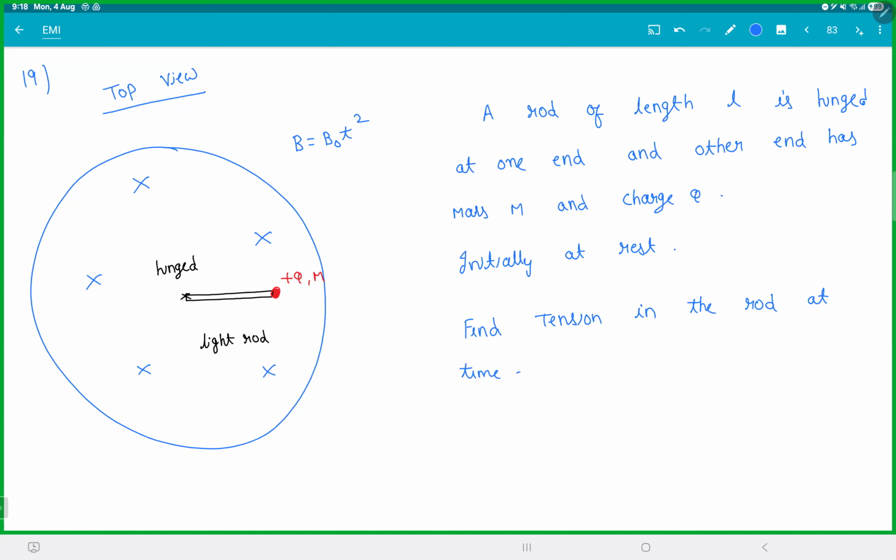Did you guys figure out why it is moving? A time varying magnetic field will create an electric field. That electric field is dragging the charge. So it starts going in a circle. If you go in a circle, you'll get a centrifugal force.